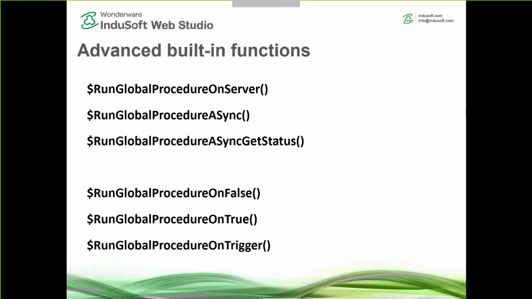And you can check the status of that thread using run global procedure async get status. You can also define tag functions here to be executed automatically when a particular tag goes to false, to true, or when that tag changes for whatever reason.